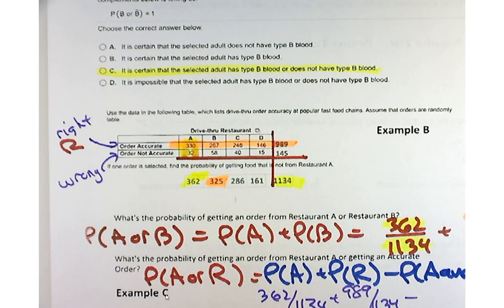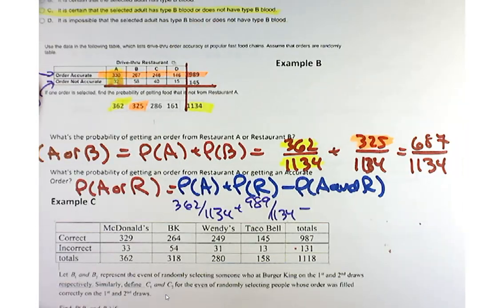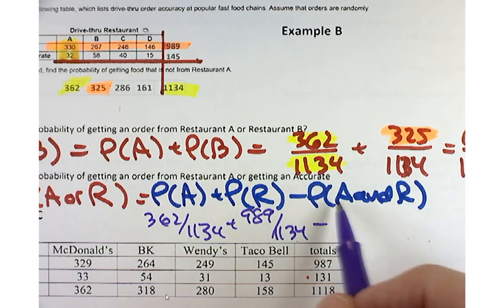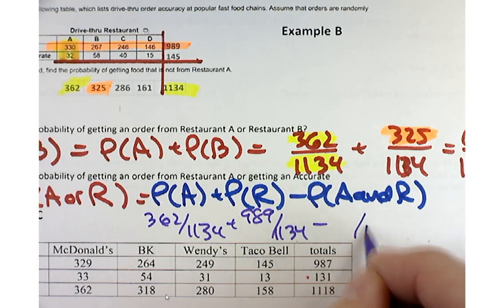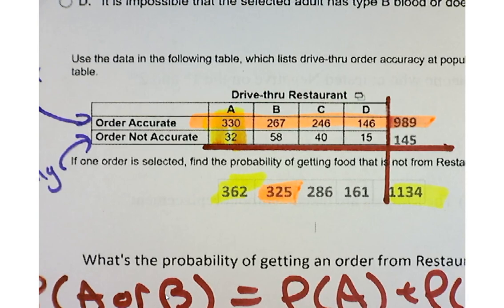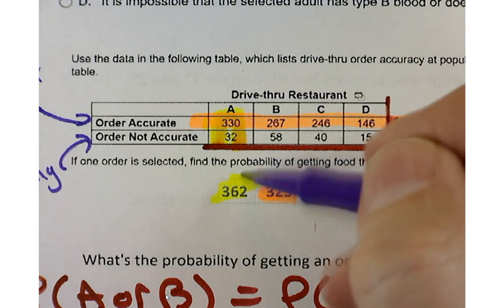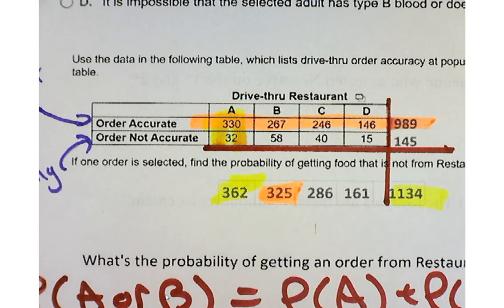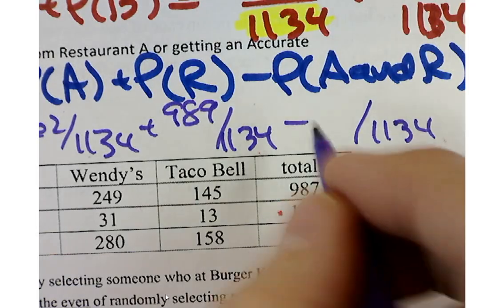So you're looking for where both of those happen at the same time. James, how many places, or what's that probability of getting an accurate order from A and R? How many people have got an accurate order from A? 362. Okay. That's the number of people that had an order from A, but an accurate order would be, yeah, there you go, 330.